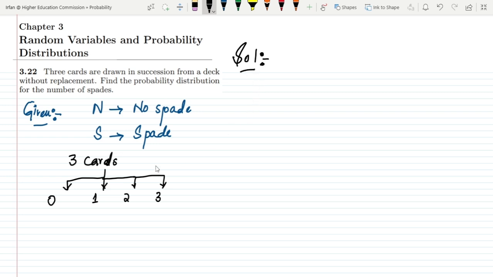In the first case, where the probability of spades equals 0, what can the options be?